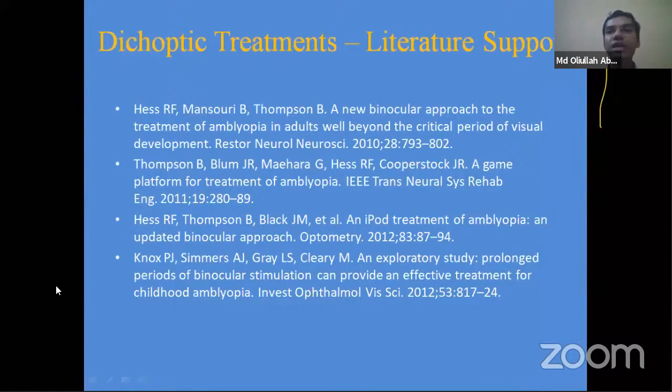So if you see what was happening, as I was talking about, because of the dominancy of the dominant eye, the deprived or amblyopic eye, the visual system or the visual cortex was not accepting that image.